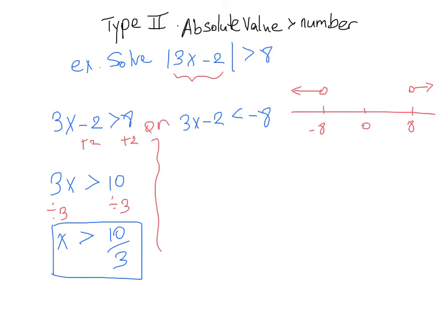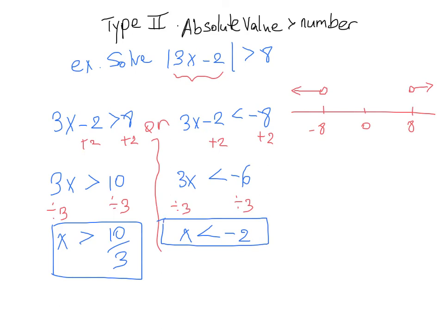On the other side, we can add 2 to both sides to get that 3x is less than negative 6. And we can divide both sides by 3 to get that x is less than negative 2. And that is our other solution. And of course, we can check our answer. I always advise plugging in a number to check if it works.